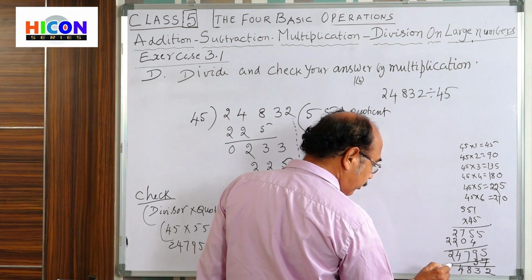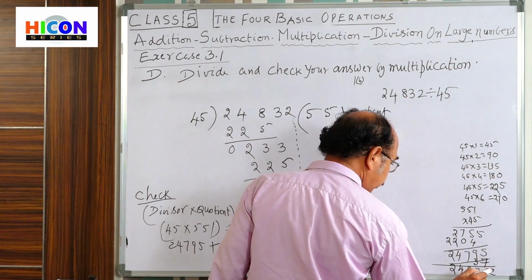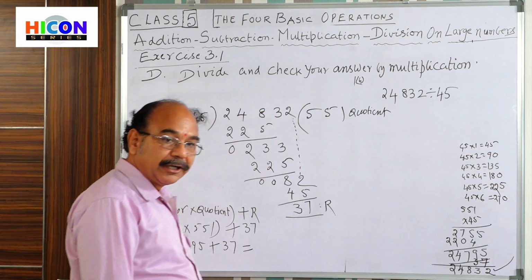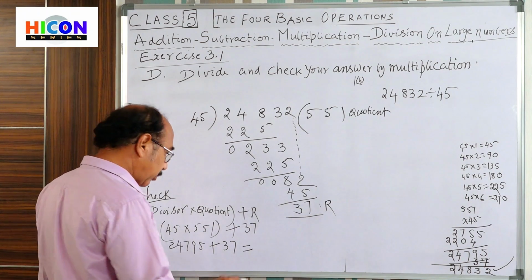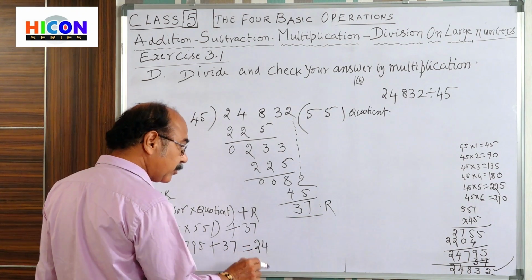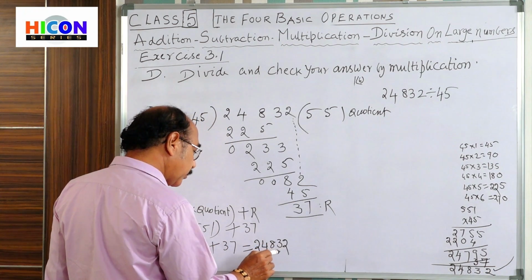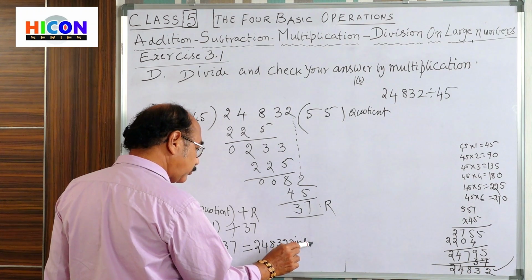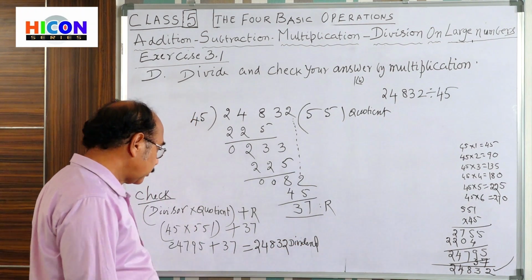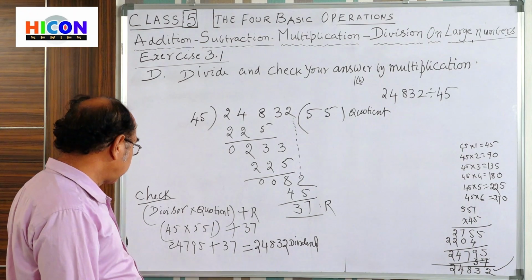Here 4, here 2. 24,832. That is the dividend. So we got the dividend. Like this, we can check the dividend.